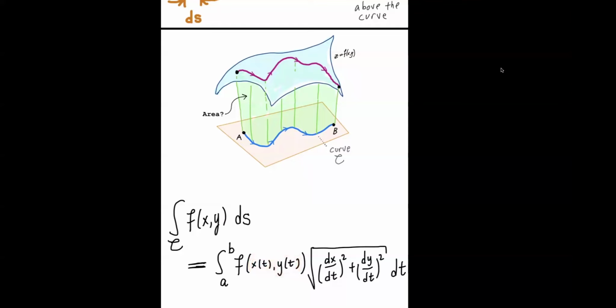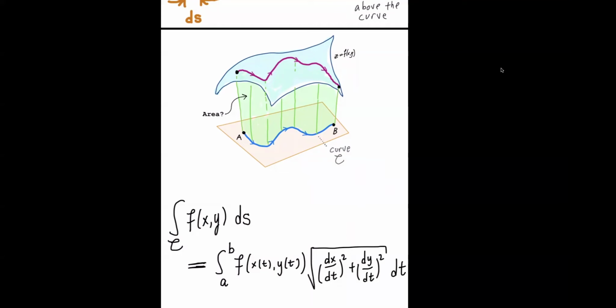In general, this arc length parameter we write as the speed times dt. It's a sort of complicated, ugly looking expression, but this expression here is really just the speed. It's the length of the velocity vector.